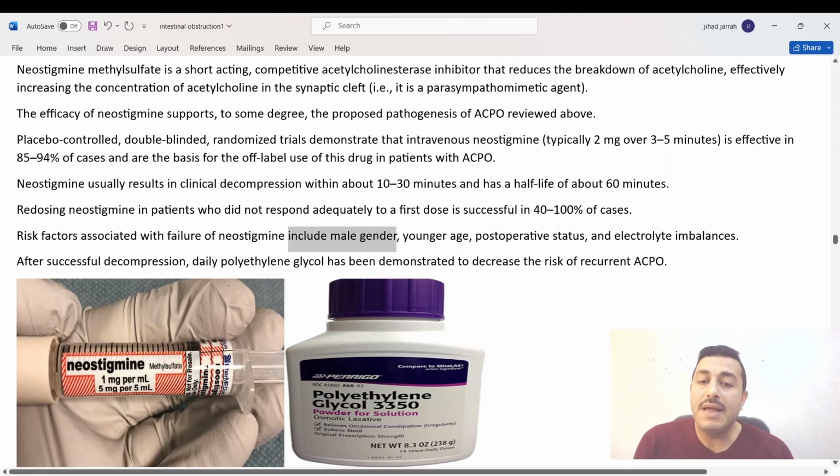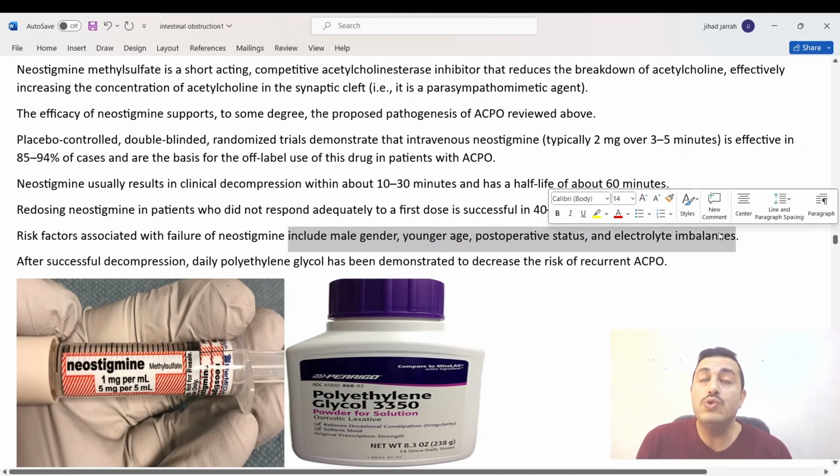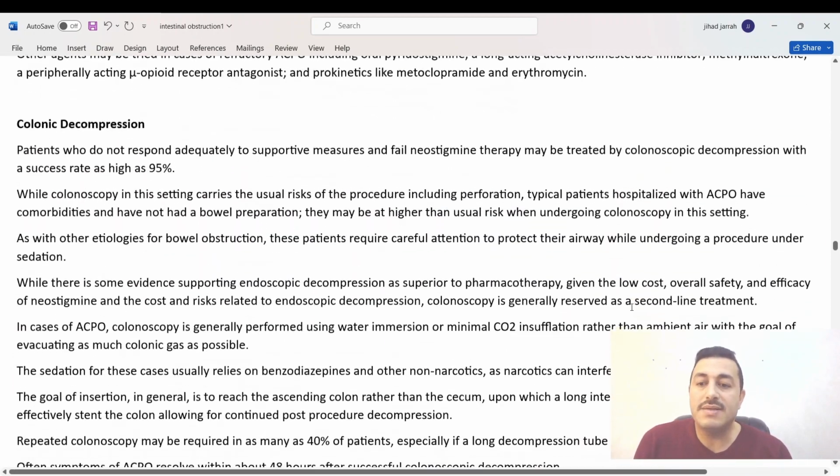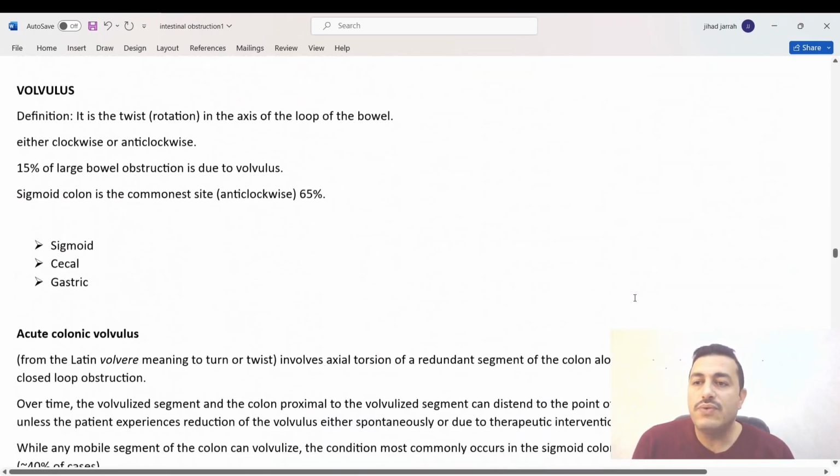These include male gender, younger age, post-operative cases, and those associated with electrolyte abnormalities. Okay, let's move to volvulus.